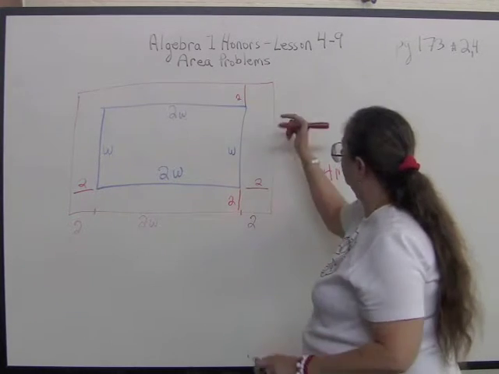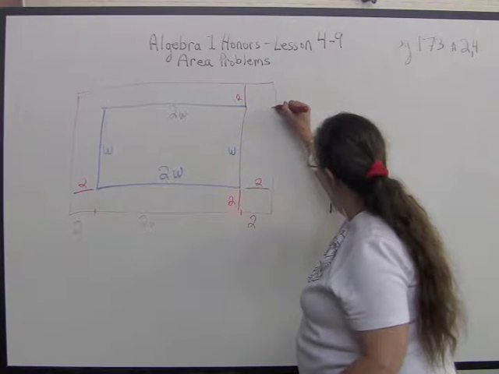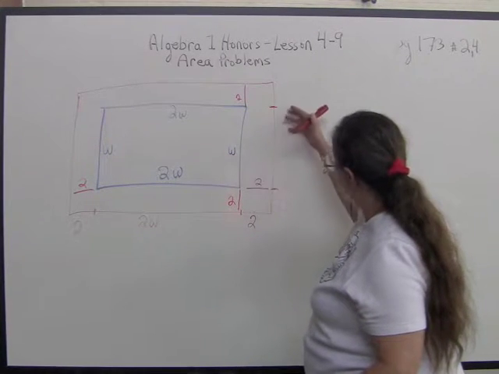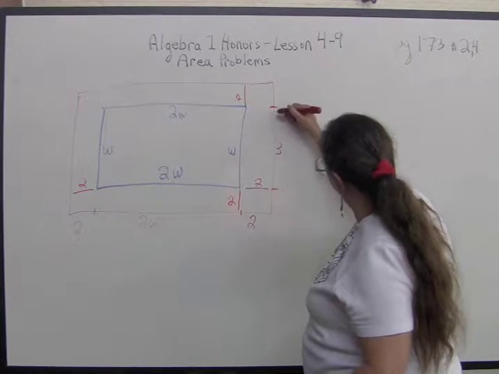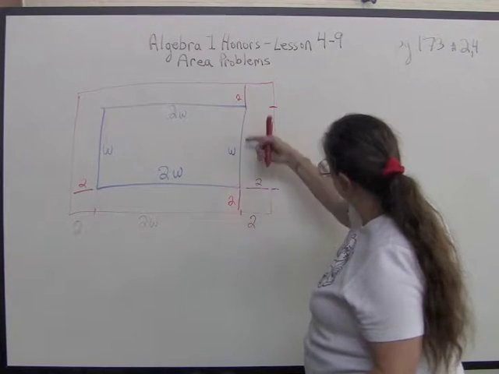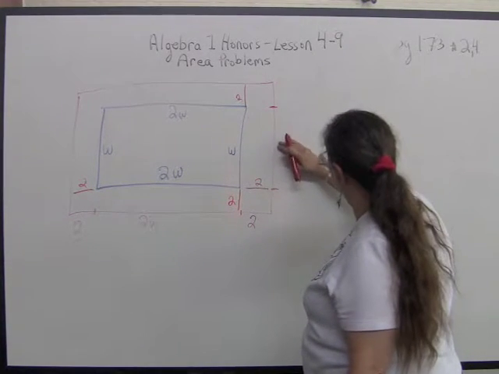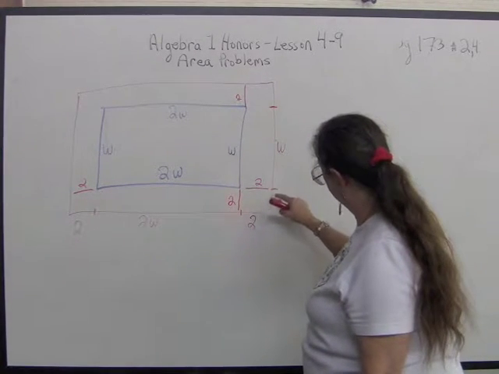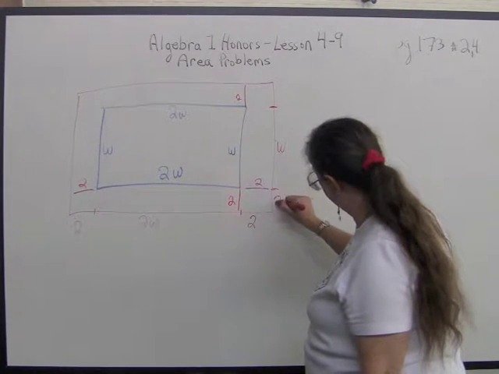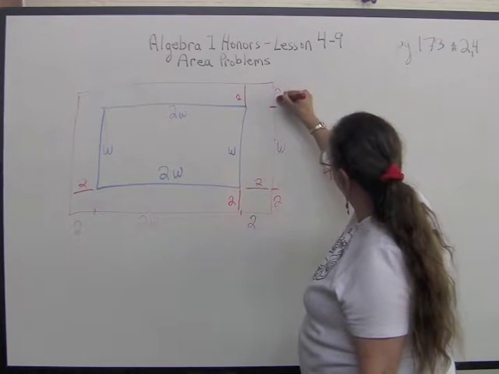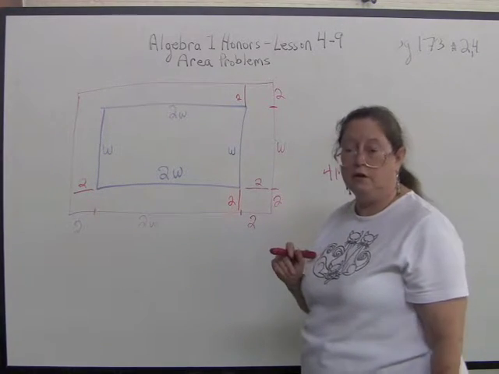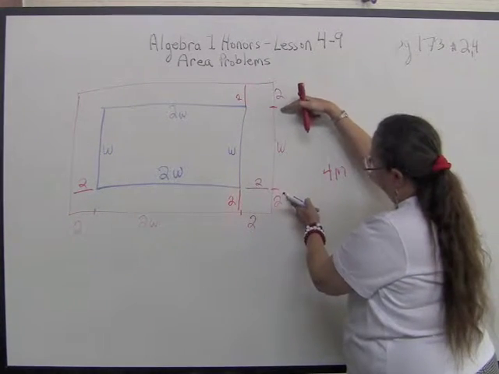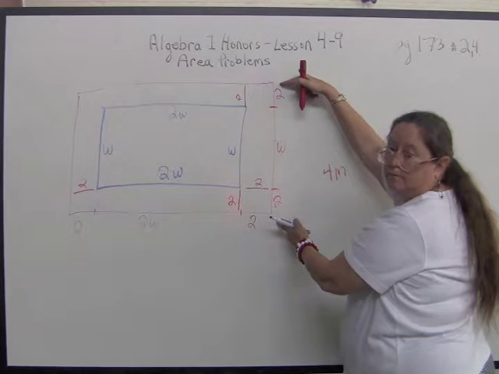Well, just from here to right here, in between, this distance is W. Okay, W. So I could write it this way. Okay? And then from here to here is 2. And from here to here is 2, because we were told it's increased by 4. So my width of my original rectangle is increased by 4.